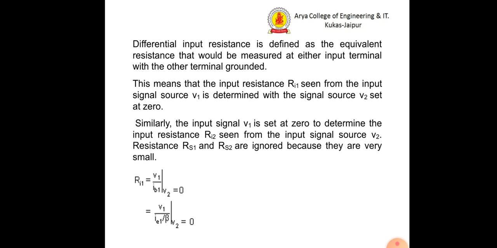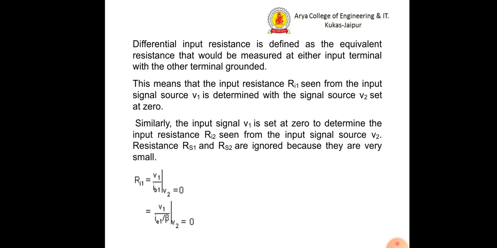Now, we will talk about the input resistance. First of all, we should know what a differential input resistance is. It is defined as the equivalent resistance that would be measured at either input terminal with the other terminal grounded.